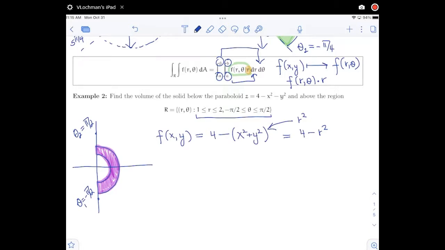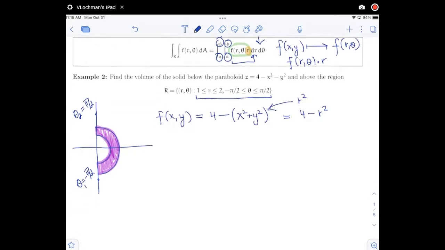Now we can set up our integral. The volume is this double integral of what? My function is 4 minus r squared, and now times r, from this formula right here, and then dr d theta.